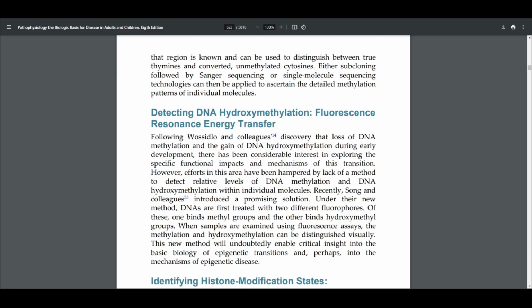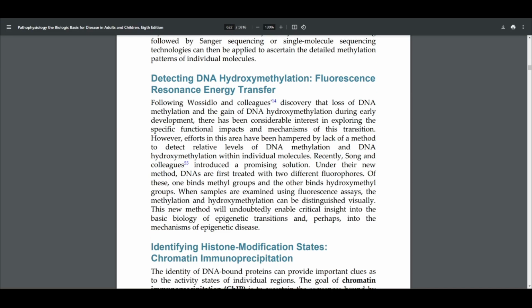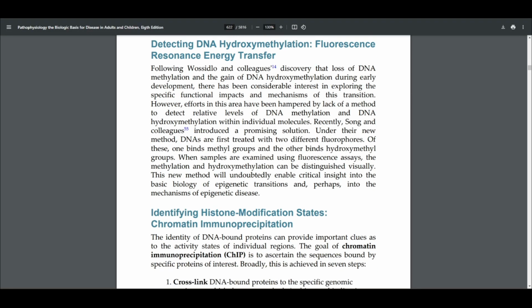Either subcloning followed by Sanger sequencing or single molecule sequencing technologies can then be applied to ascertain the detailed methylation patterns of individual molecules.